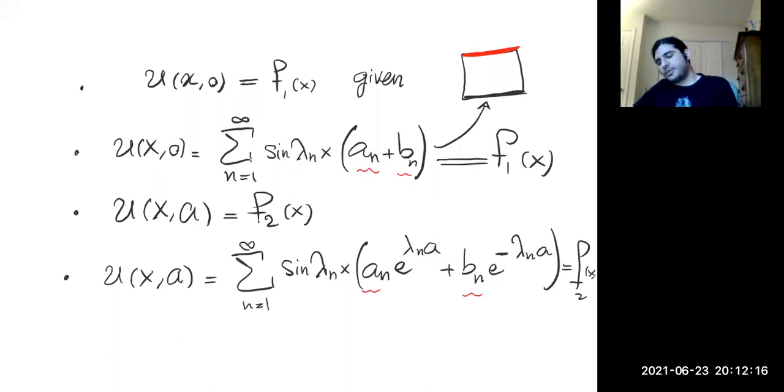So we need to solve these 2 equations to find An and Bn. This might actually prove to be a little bit challenging. There is a slightly easier way to go around this difficulty, and that's by using the sine hyperbolic and cosine hyperbolic.